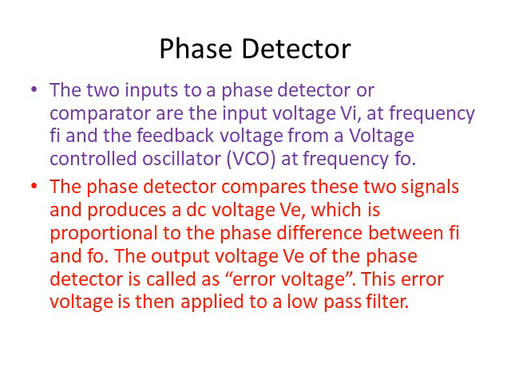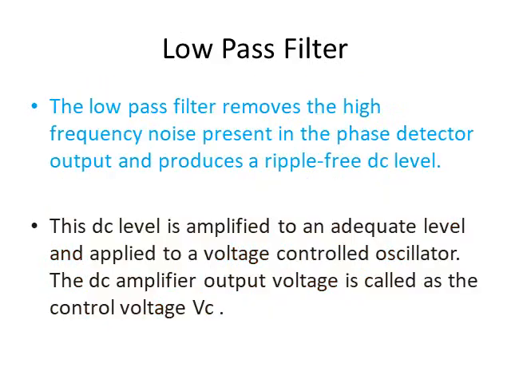The phase detector produces a constant DC voltage, that is error voltage VE. This error voltage is directly proportional to the phase difference between the input signal Fi and the output signal F0. This error voltage is then applied to the low pass filter.